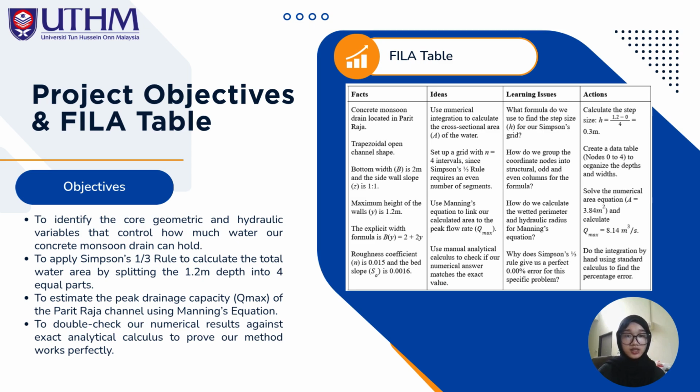Finally, our actions included building the node table, calculating the final numerical area of 3.84 square meters, finding our peak flow of 8.14 cubic meters per second, and running the manual calculus check, which successfully gave us 0.00% error. Now that we've established our project baseline, I will hand over the presentation to my teammate who will walk you through the step-by-step calculation and data tables. Thank you.